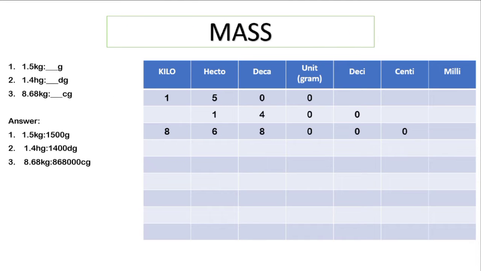Number 1, 1.5 kilogram is equal to 1,500 grams. Number 2, 1.4 hectogram is equal to 1,400 decigram. And number 3, 8.68 kilogram is equal to 868,000 centigram.